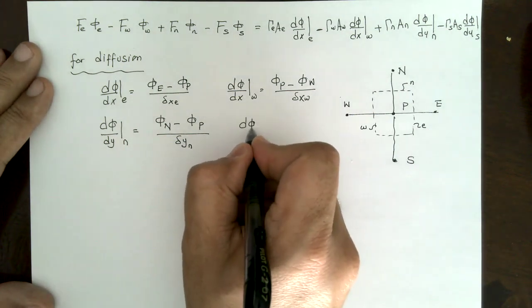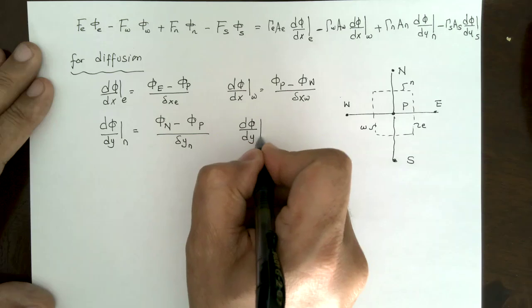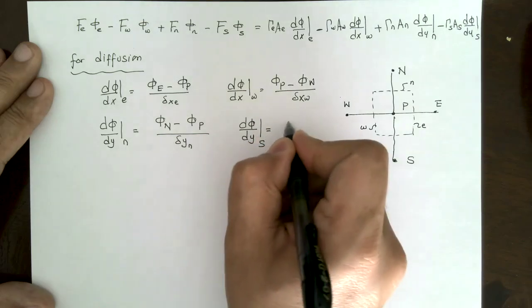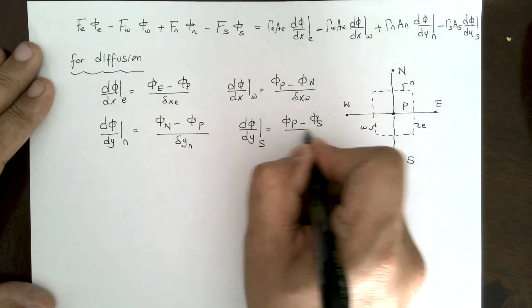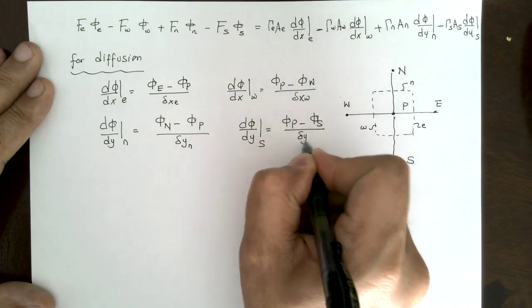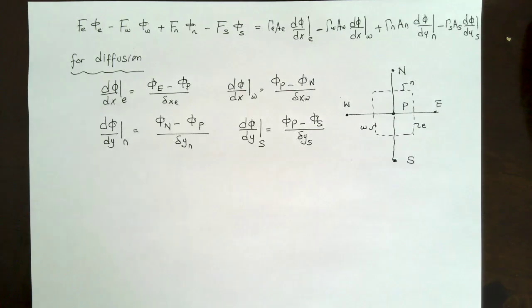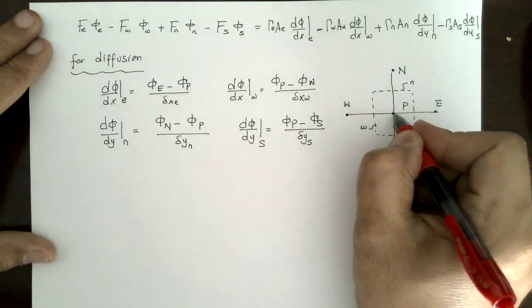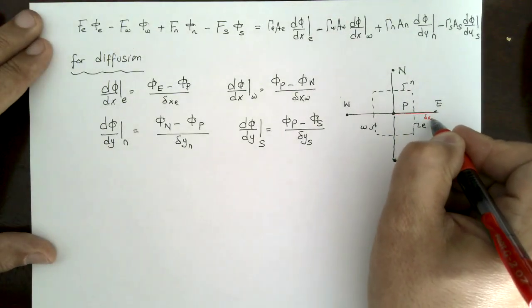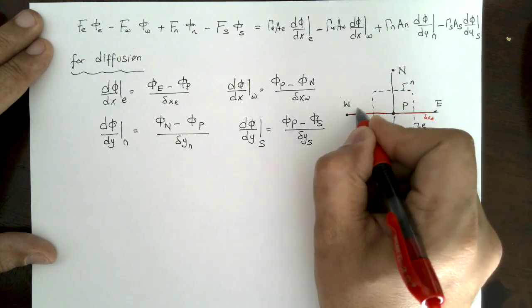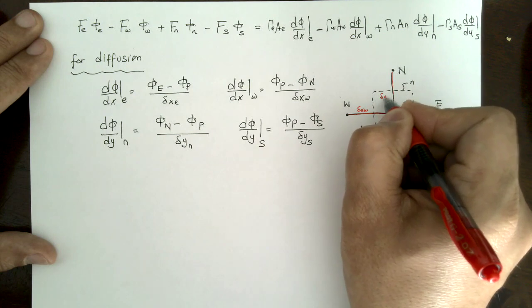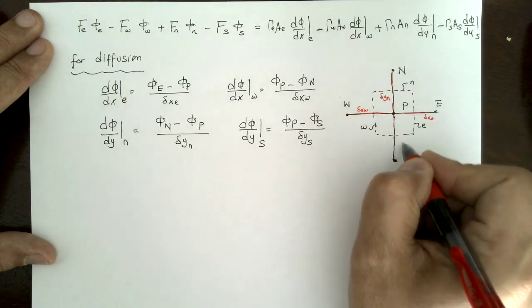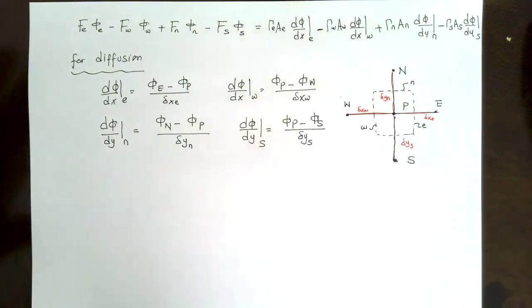And d phi by dy on the south face is phi P minus phi south divided by delta y south. This distance here, that's delta x east. Distance here is delta x west. The distance here is delta y north. And the distance here is delta y south.